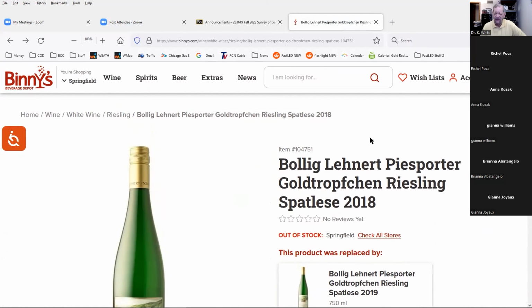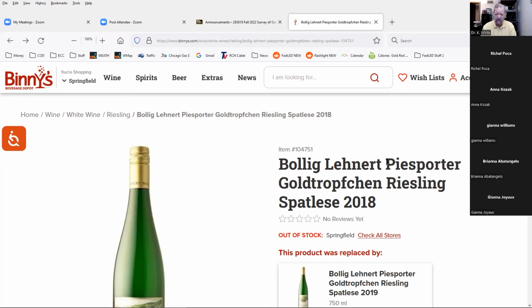Now, time to give you an education in German wines. Rieslings are my favorite. It's a white wine. There's a Kabinett, Spätlese, which this is, and Auslese. What that means is when they pick the grapes, what's the sugar content? The longer they leave the grapes on into when there's a frost, the sweeter they are.